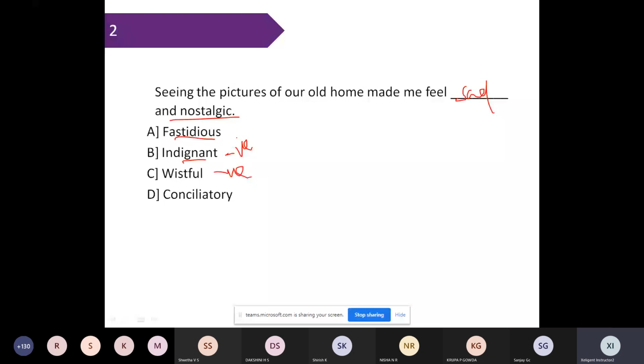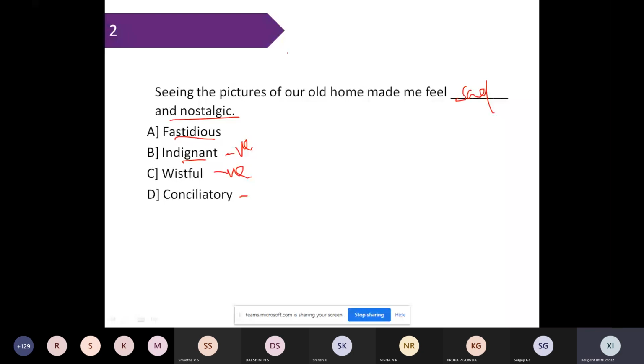Conciliatory means to calm down, so this is a neutral word. There are also neutral words that can be used according to the situation; it can be both positive and negative. So the most appropriate answer is option C, wistful.